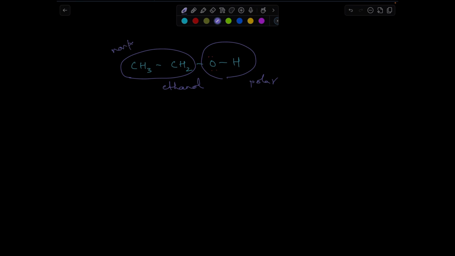Let's look at ethanol. Ethanol has this OH group, which is polar, and it has this ethyl group, which is nonpolar. The OH group can form hydrogen bonds with water.